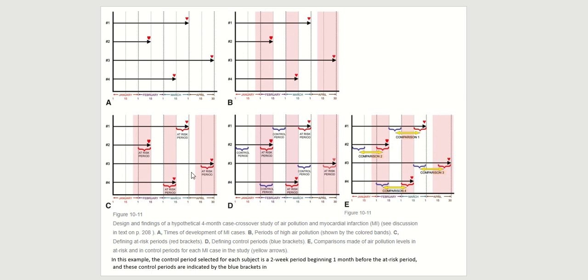Okay, but that is not enough. You have to have a control period as well. So you go back maybe like a month, if I'm not mistaken. Yes, I think it's a month. So from here where it happened, 2 weeks to reach this, and then you have another 2 weeks, right? So you go 1 month, and then you take the 2 weeks preceding, and that would be your control period. And therefore this person, their risk period was not exposed and their control period was not exposed.